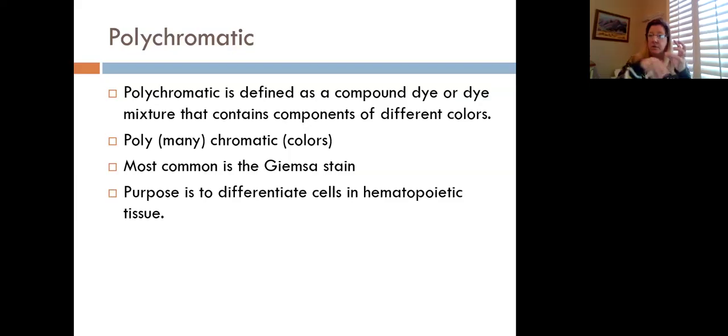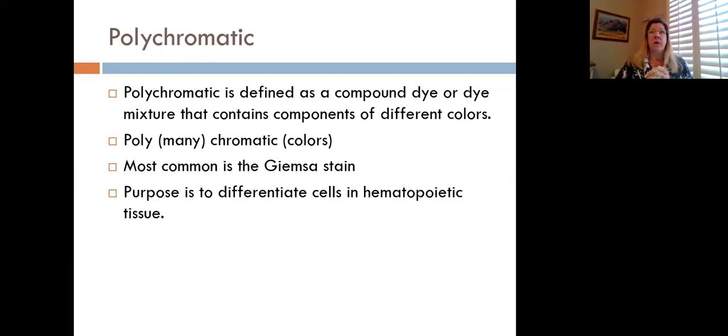And will dye different components within your tissue. So there's sort of all these little guys in this one solution going, I'm going to go after this target, the other one's going to go after that target, and another one's going to go after this target. Okay. That's polychromatic.